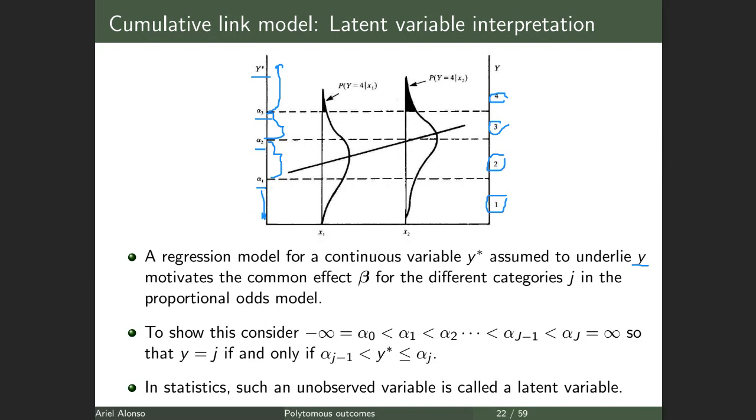When it is between two certain cutoff points, I'm going to say the person is liberal only, and when it's between other two values it is moderate, and when it's smaller than a certain value, the person is conservative. But that's a mathematical device, and nobody says that it actually exists.